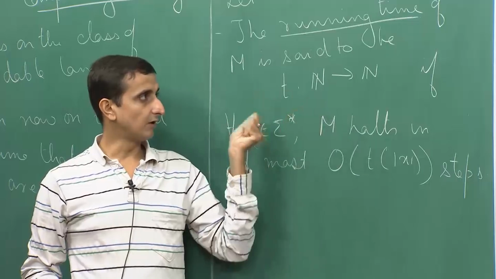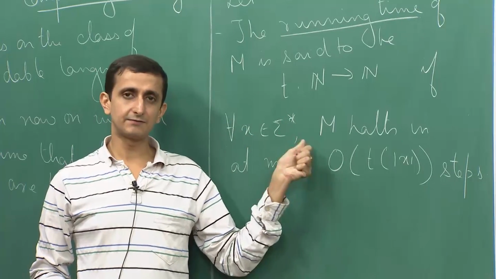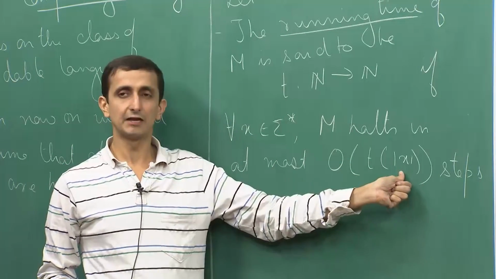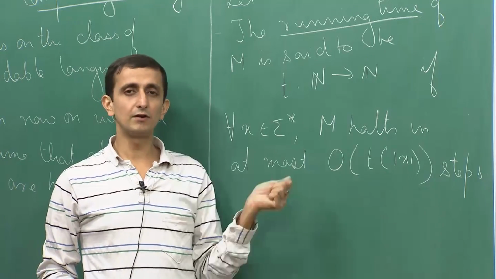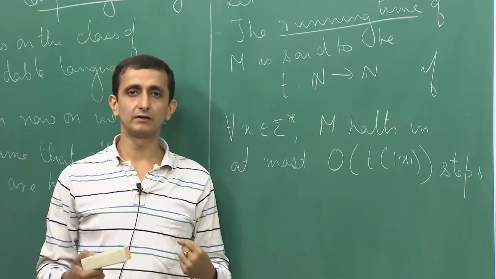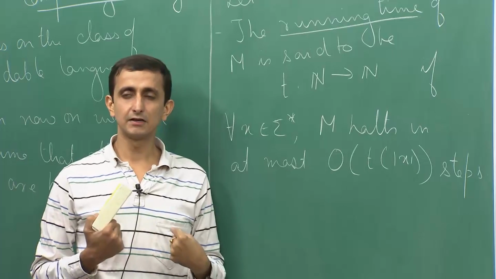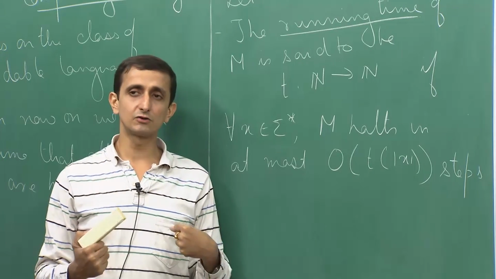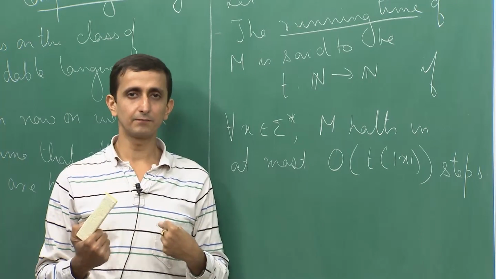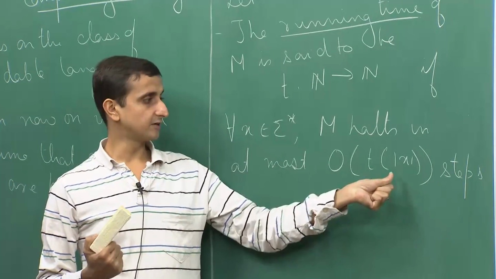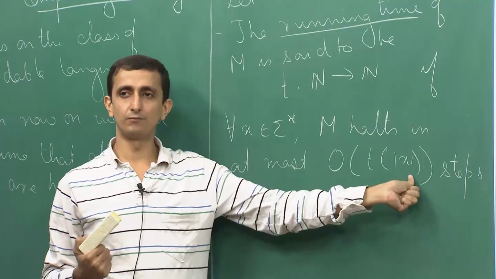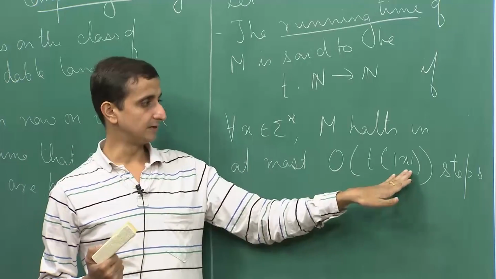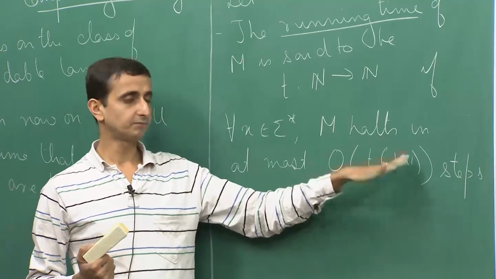First is that we always compute the running time as a function of the length of the input. Okay. And not only for running time, even when we look at the other resources such as space, the amount of resource that is used by a Turing machine is always a function of the length of the input. So, if x is my input, it is a function of the length. Okay.